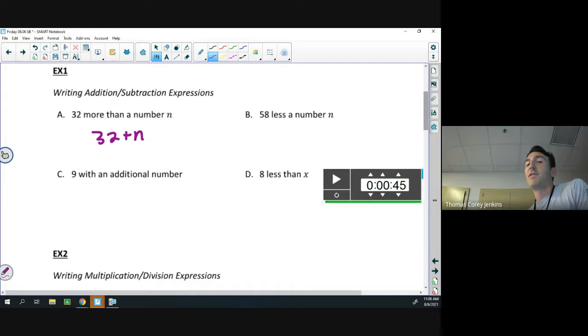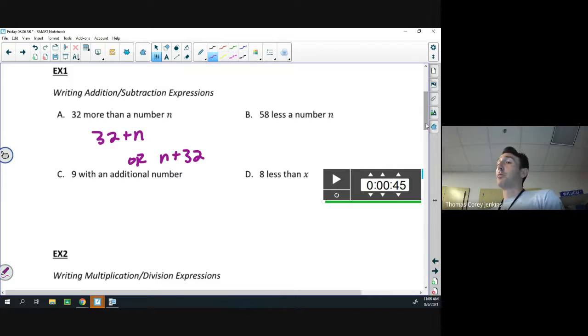And I would have you write this down because it is good to know this with addition. We could also write that as n plus 32. And usually you actually would write the variable first. So know that those mean the same thing, because addition has what we call the commutative property. Order doesn't matter. 1 plus 2 is the same thing as 2 plus 1, right?